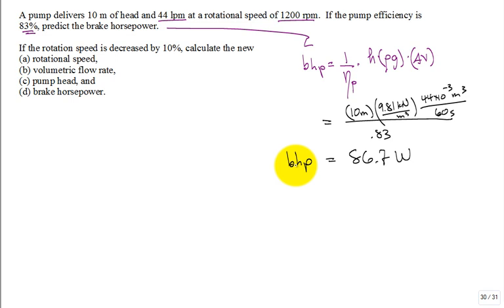If the rotational speed is decreased by 10%, so the speed, let me try it over here, omega of the original case is 1200 RPM. And the omega of the new case is decreased by 10%, so isn't it 90% of omega A, the rotational speed of A?